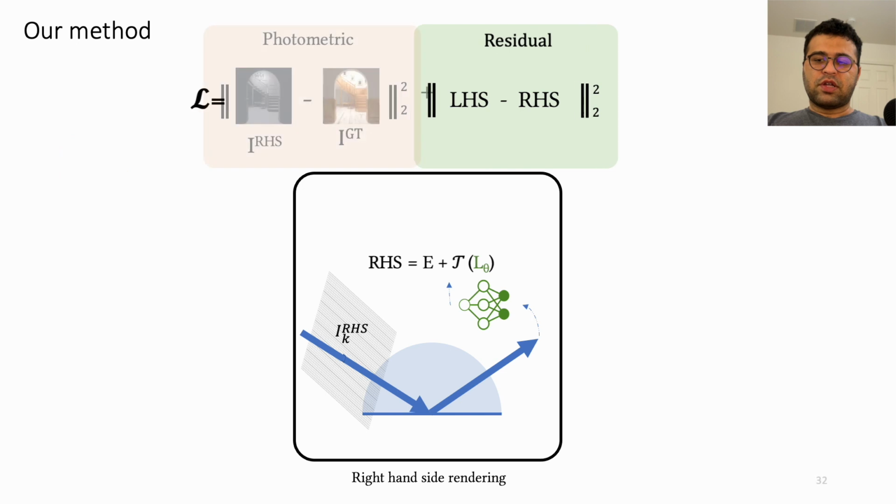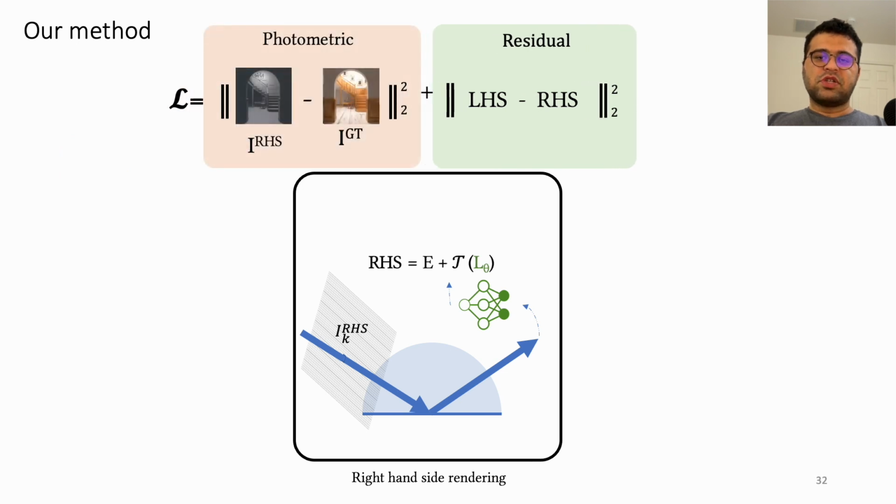Now that we have our right-hand side rendering, we can actually compare it to the ground truth and compute a photometric loss. Since the right-hand side term depends on the scene parameters, we can just simply use automatic differentiation and compute the gradients at the first bounce. Thanks to the fact that the required graph of operations is limited to one bounce, the memory usage is bounded.